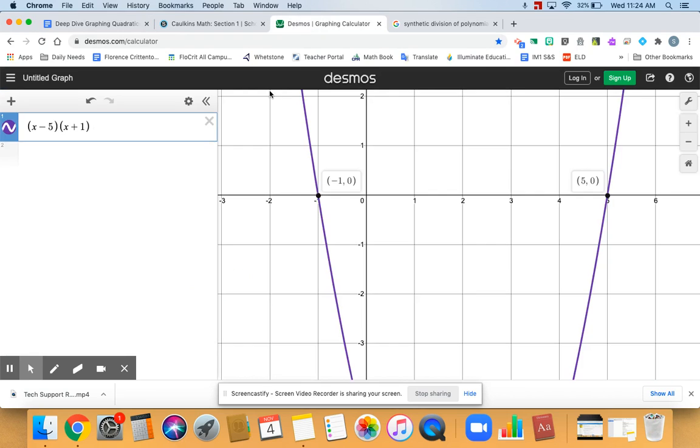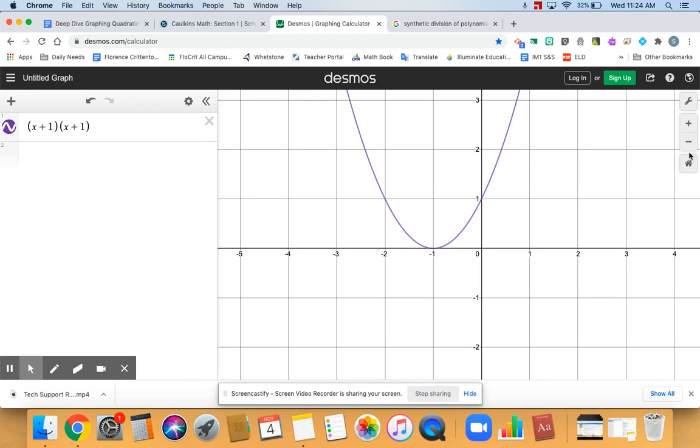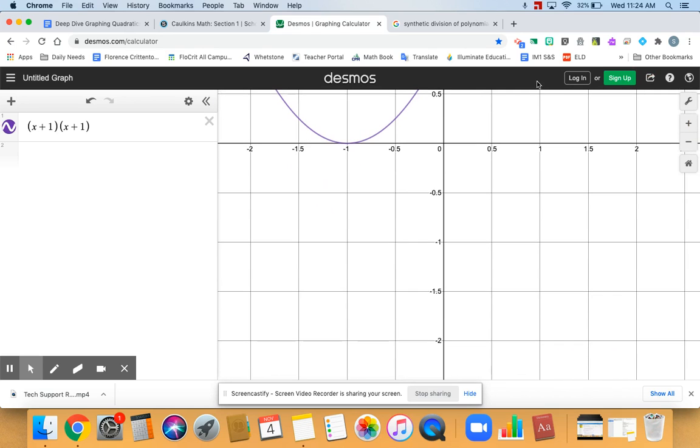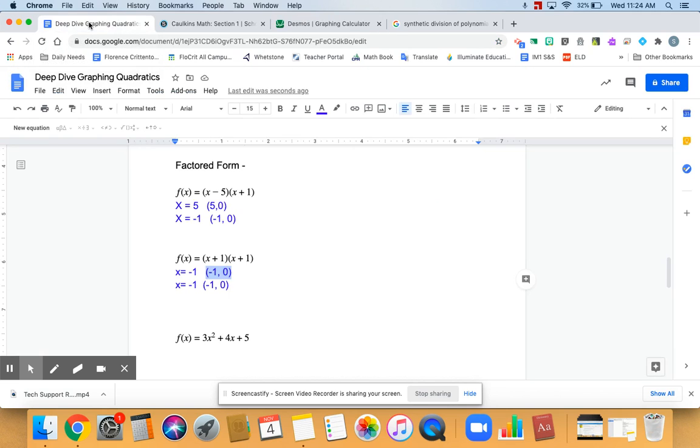And so when you look at the graph, it's not crossing the x-axis twice. If you zoom in, it's only hitting this line once at negative 1, 0. So for all of them, for quadratics or any other higher degree, whether the exponent is a 2, a 3, a 4, a 5, even though the degree tells you the number of x-intercepts you should have, sometimes multiple are the exact same intercept.